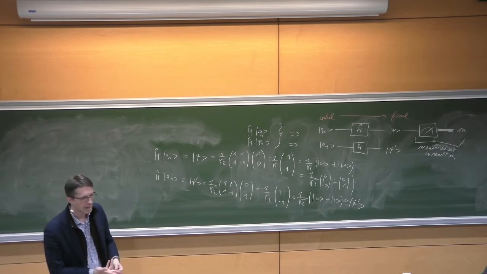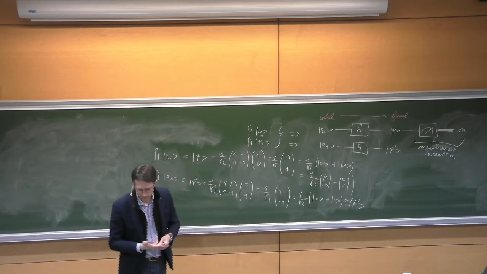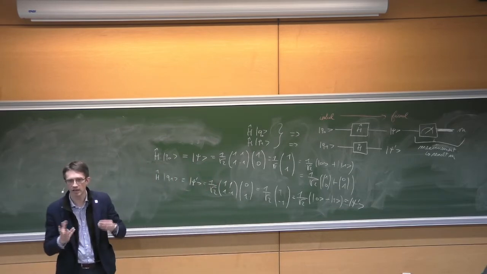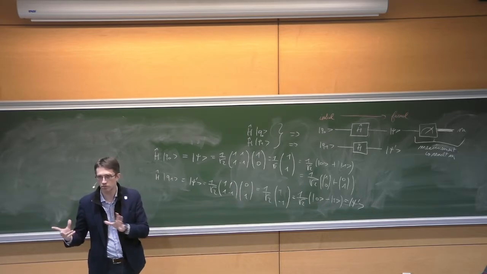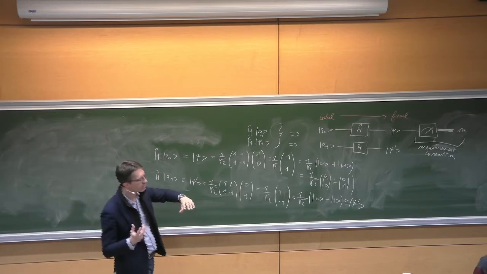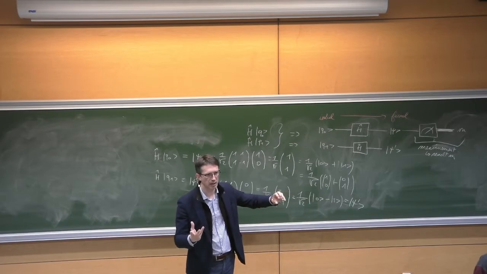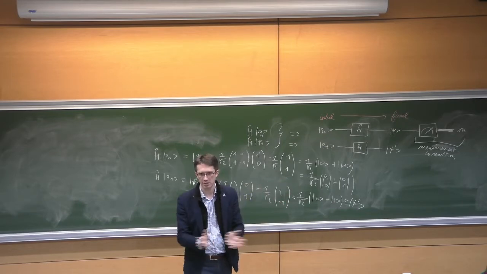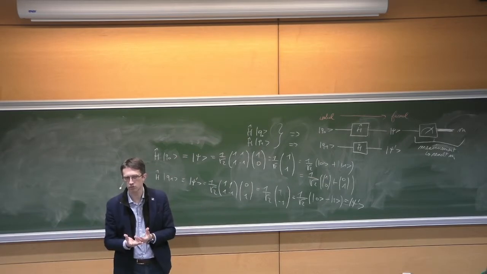It could be ions trapped in a trap. And depending on your system, there are gates you can do easily, and gates you cannot do easily, and some that you just cannot do.